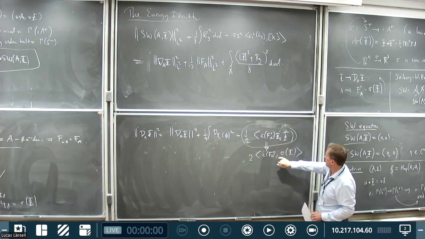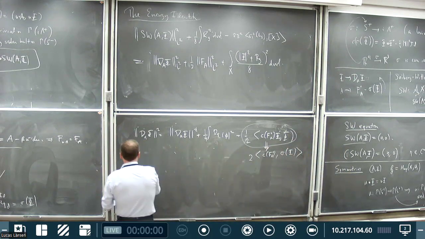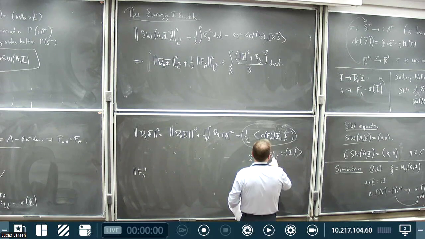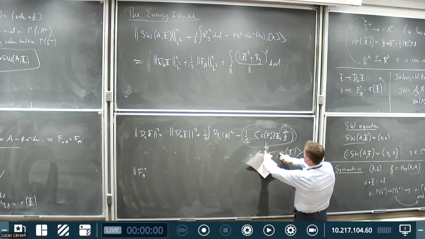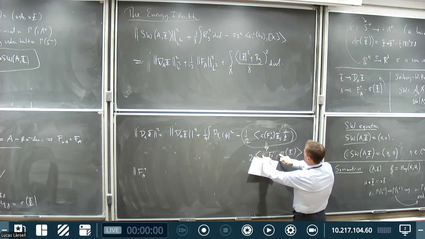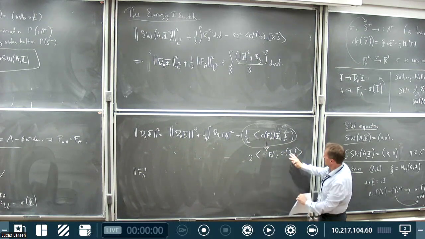Okay, that's good. Then I want to get rid of the C. If I put a C here and a C here, it would just be the same thing. But if I get rid of C, there's a factor of 4 between them. That's better.